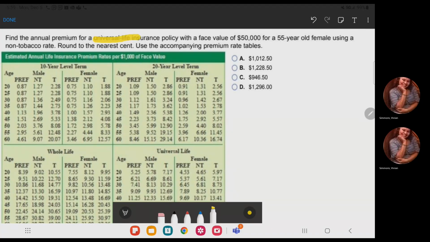For my universal insurance, face value of 50,000 for a 50-year-old female who's non-tobacco. Okay. So now I take that information, I can set it up right here. I know the face value is 50,000. I'm going to divide that by 1,000. And then I'm going to look for that rate, but I need to go on my table for that. So universal, female, 55. Let me pause that for a minute so I can move it.